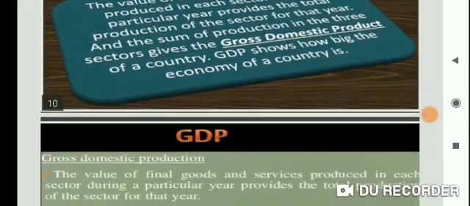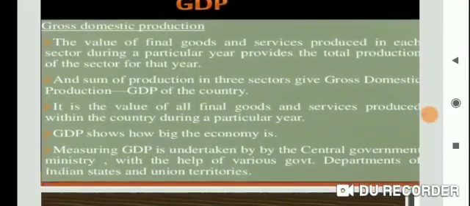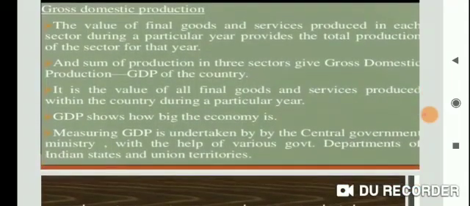Okay. Now, GDP, this definition is already discussed, but one more point: measuring GDP is undertaken by the central government ministry with the help of various government departments of Indian states and union territories.